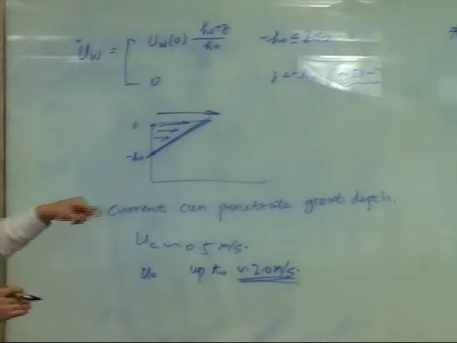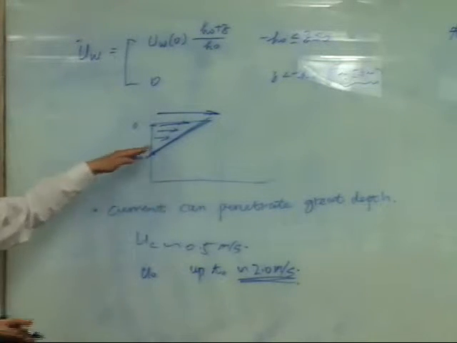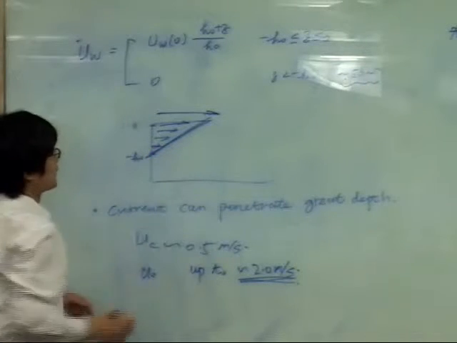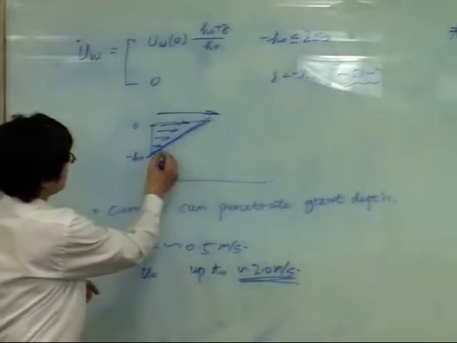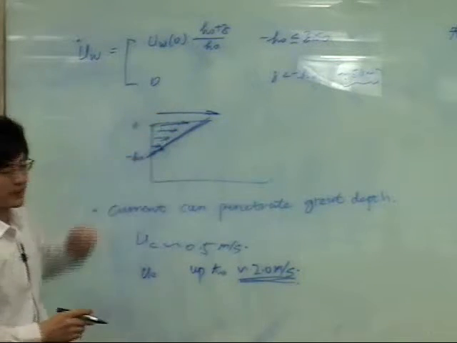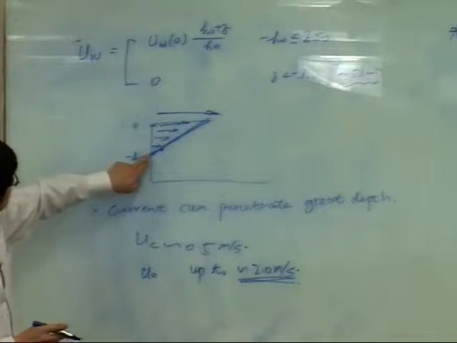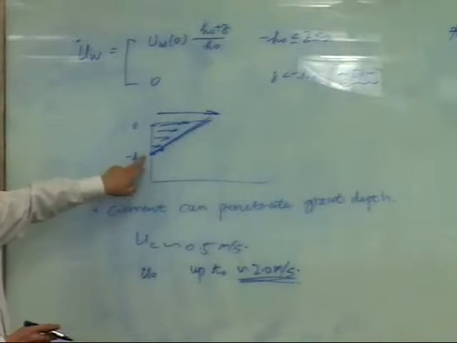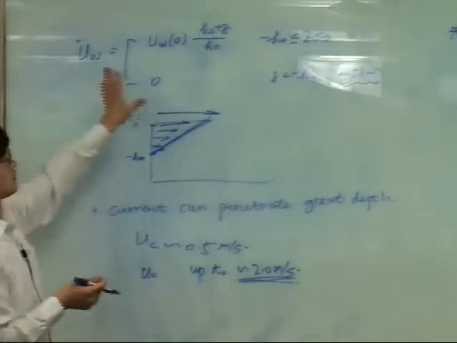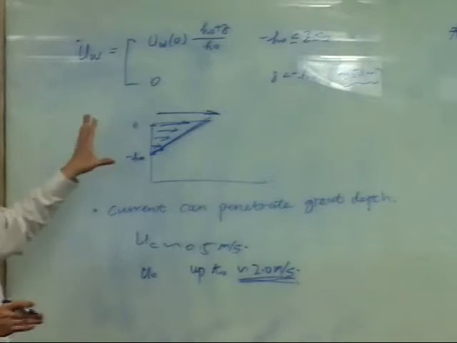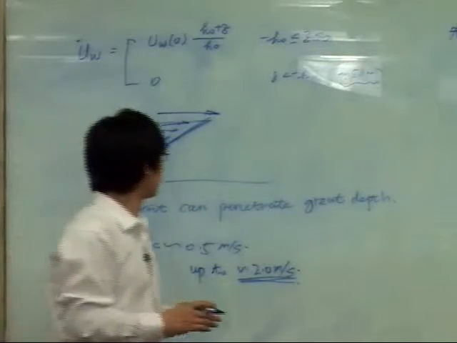As the depth goes larger, the velocity of the motion is smaller. So it means the water at this part is less affected by the wind. So after certain depths, you typically don't see any motion of the water. So we are talking about wind-driven current only.